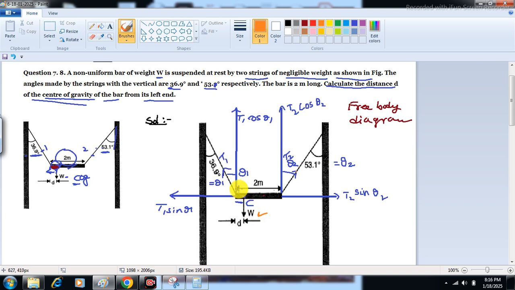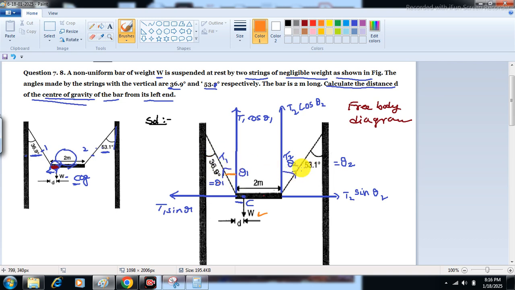The weight is the own weight of the rod, which acts on the rod at the center of gravity point. The tension in the left string is T1, and this makes 36.9 degrees with the vertical. As per geometry, take this as theta 1, this is also equal to theta 1.